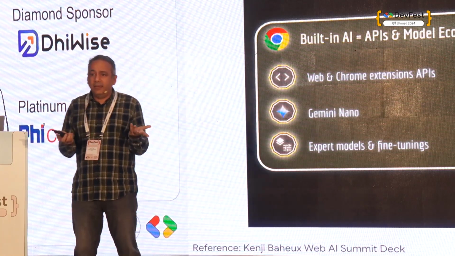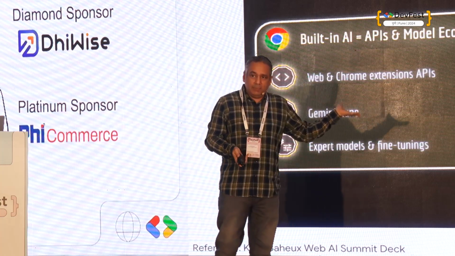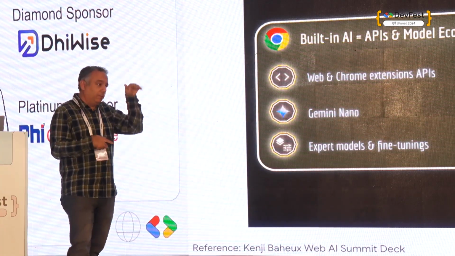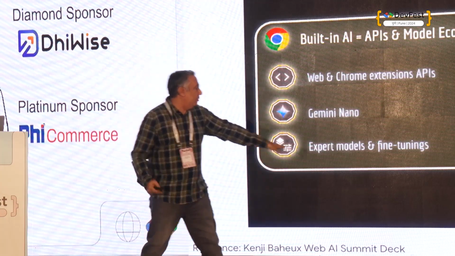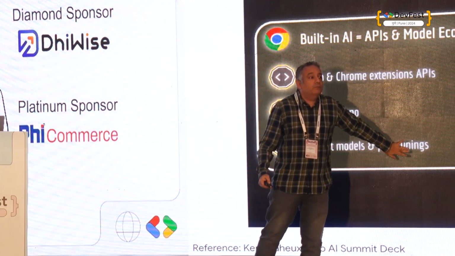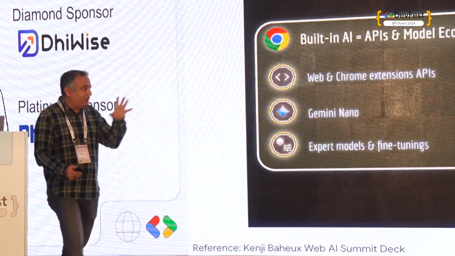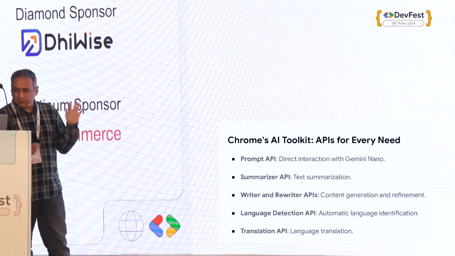Just download Chrome Canary, we'll see all of that, enable the built-in AI, and you get a bunch of APIs enabled right within your top-level objects, and you can start using it, right? Moving forward, they do have some ideas even on further fine-tuning that you could potentially do, but it's not there at the moment.